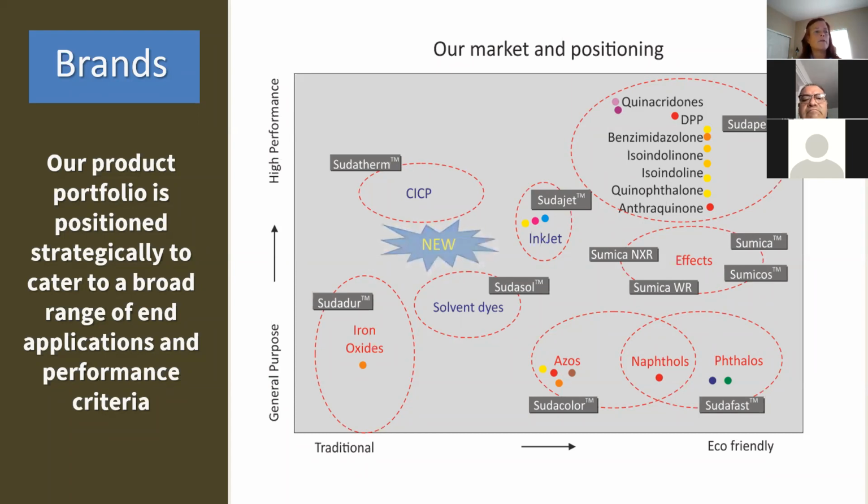The Phthalos are in the Sudafast area, along with some of the classical azos, as well as in the Sudacolor for some of the other azos. Our solvent dyes are in the Sudasol line of products, and our newly launched CICPs are under the Sudatherm product line.